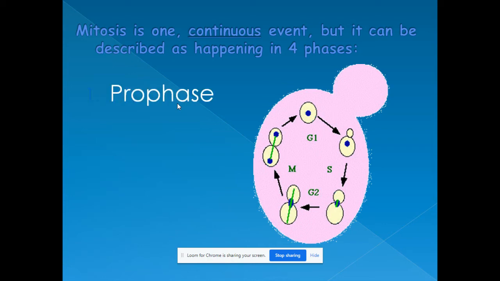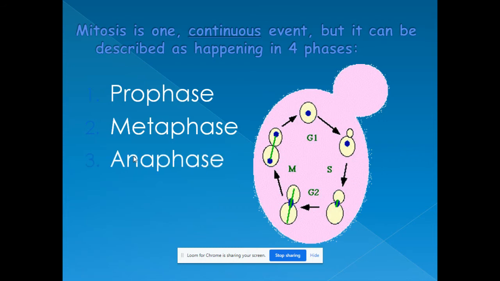So again, the 4 phases that can be described during the mitosis are prophase. Pro means before, so what happens before actual division. Metaphase, meta means middle, and you'll understand in a second why this name. Anaphase, ana means movement, so it's the phase where there's a movement of DNA inside a cell. And telophase, that's when you have the two cells being made.